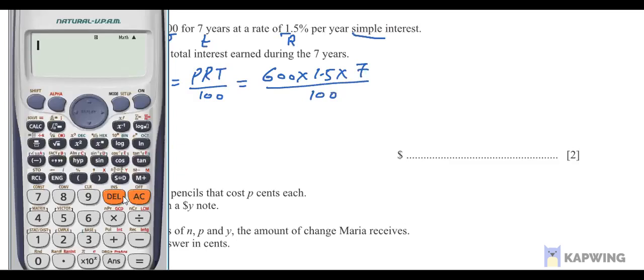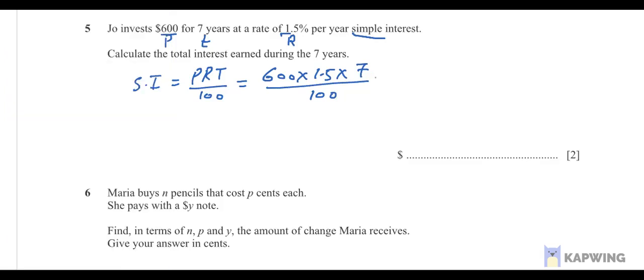Let's calculate that. Multiply 1.5, multiply 7, divide by 100. So 63. $63 will be the interest that will be charged for this duration.